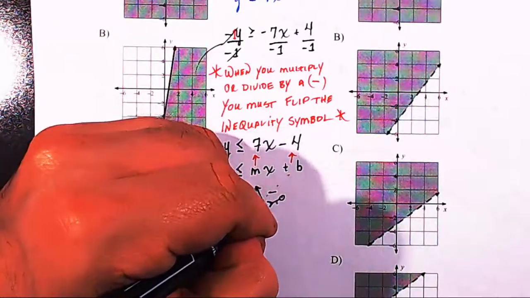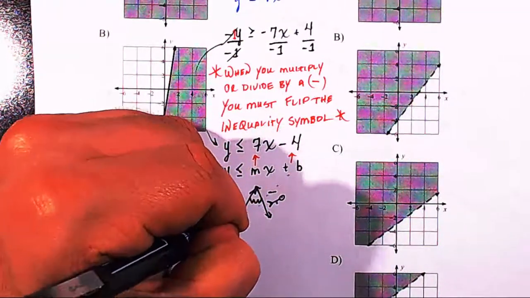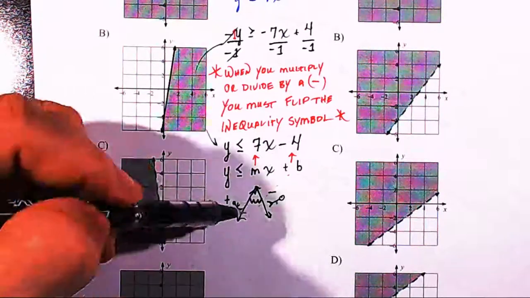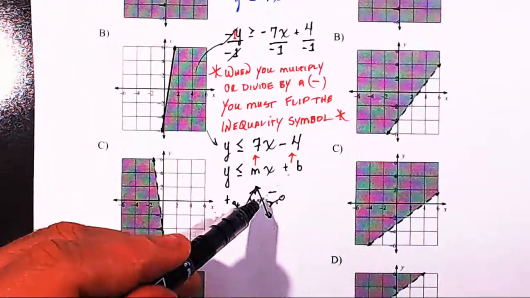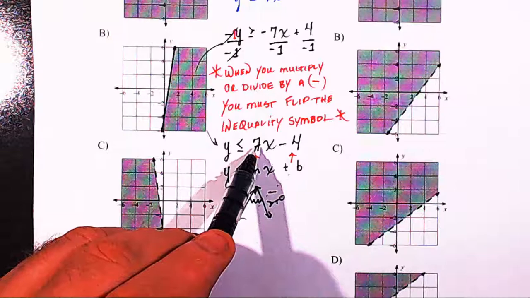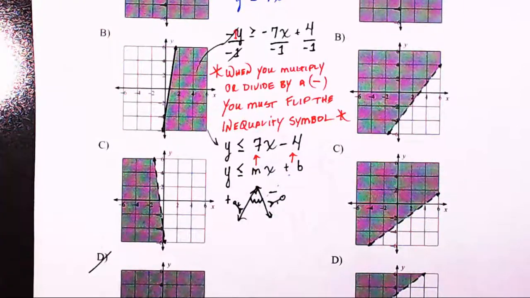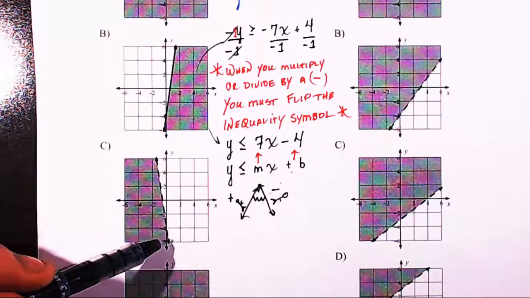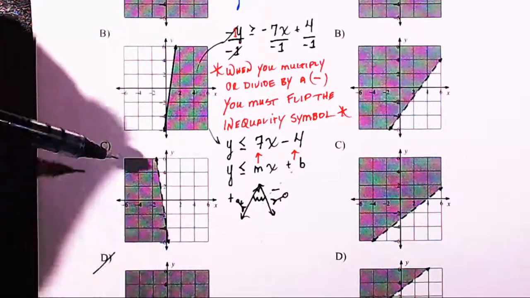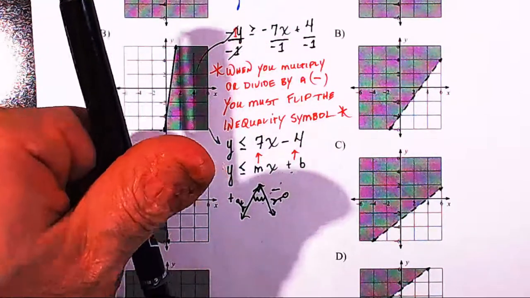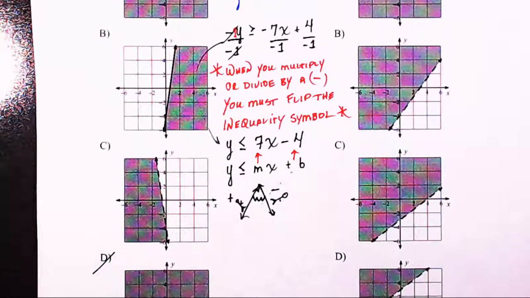So you have to ask yourself, do I have a line that looks like this, or a line that looks like this? Well, that's a positive slope, so I'm going to be going uphill. That means I can eliminate this one because that is very steep and downward sloping, which leaves us with B.